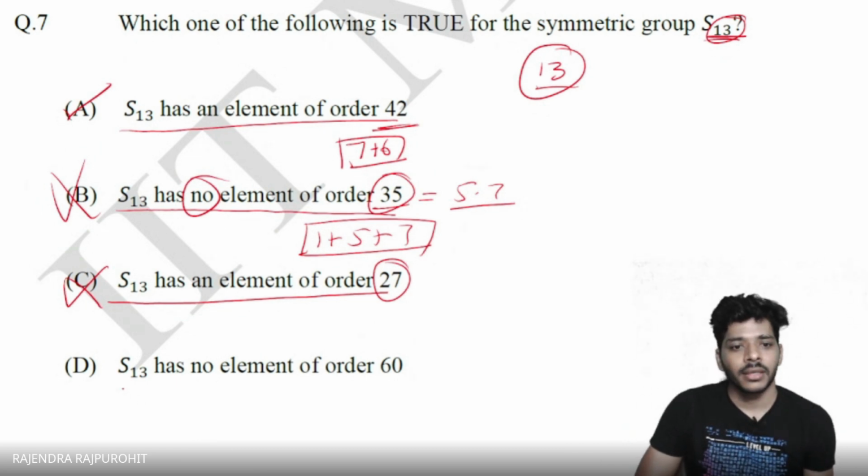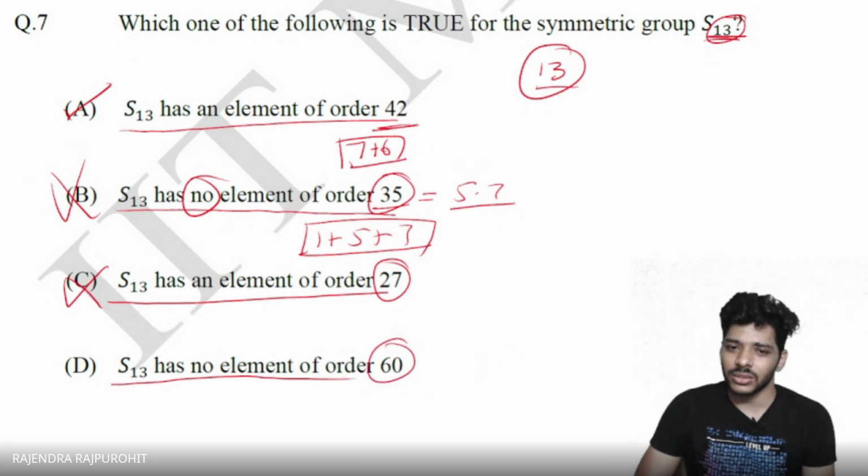Okay. S13 has no element of order 60. 60 is 12 and 5. Can you give me any partition of 13? I can just take all the prime factors 2, 3, 5. These are the prime factors in 60. So I can just add 4. Is it 13?